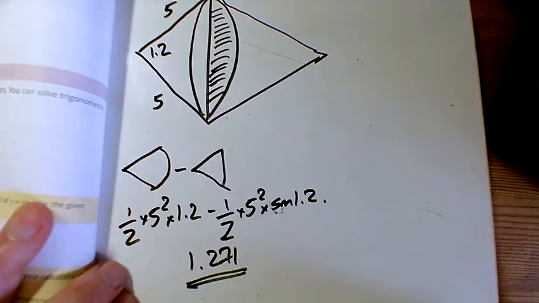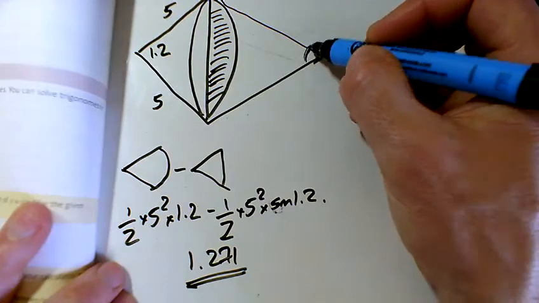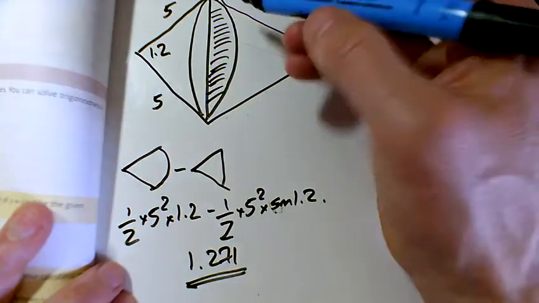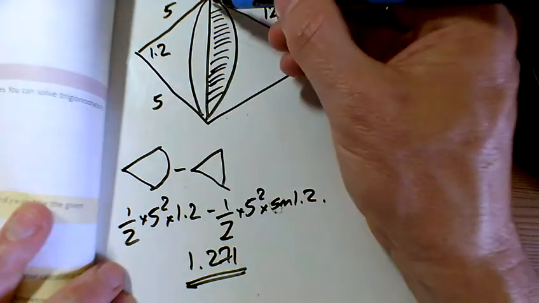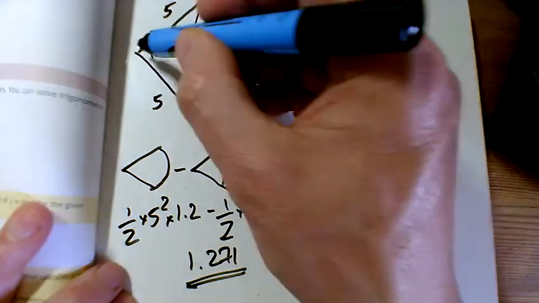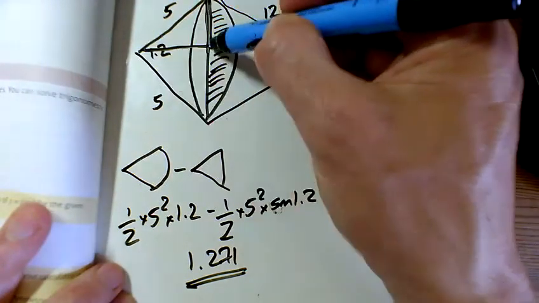Don't bother. Now we're going to do the same on this side here, but we don't know this angle yet, do we? So if we're going to find out that angle, we know that distance there is 12. And what I'm going to do is think about what this distance there would be, first of all.